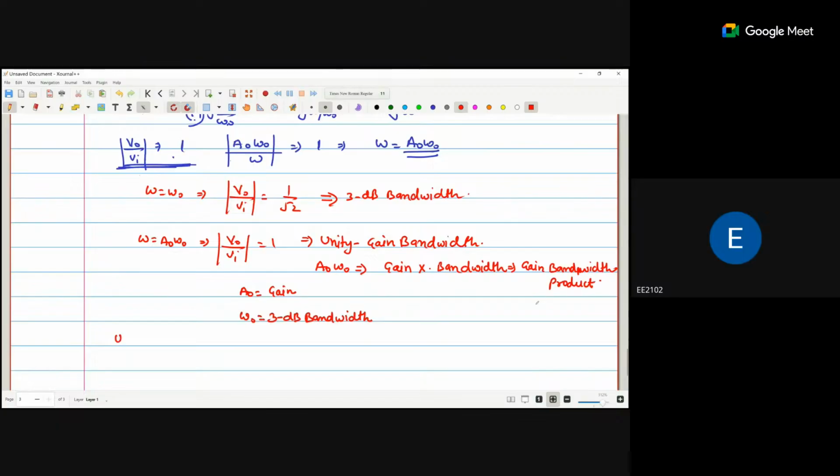Okay, so unity gain bandwidth is also called the gain bandwidth product. Any doubt?